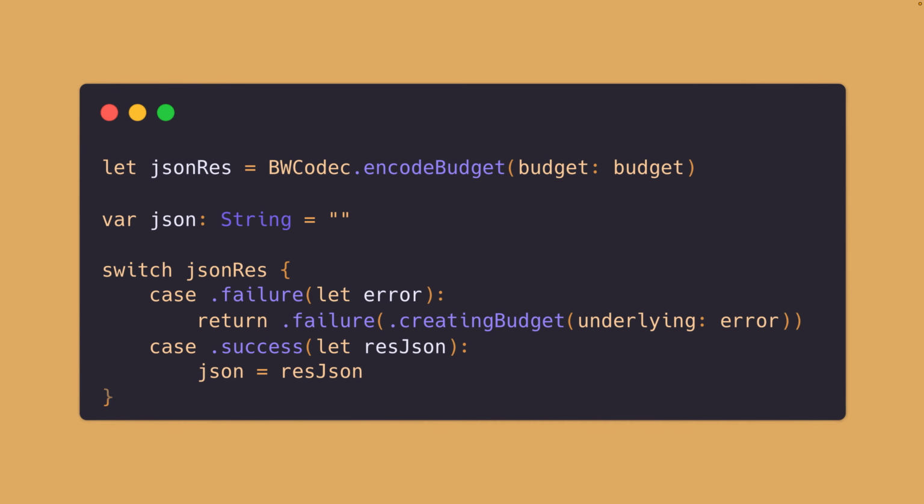And how I use this actual function in practice is sort of like this. Encode budget is a part of BW codec. So I store a response, JSON res, and I use a switch statement to handle all possible cases. A switch statement in Swift is similar to a match statement in Rust in that you have to handle all possible exit points.